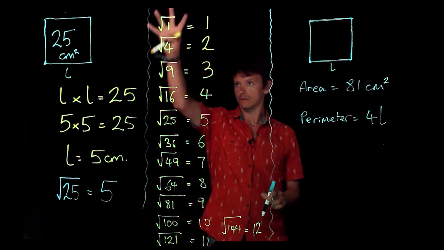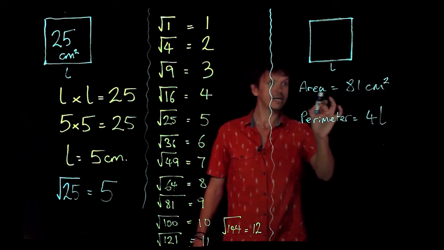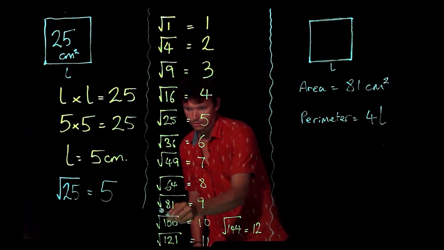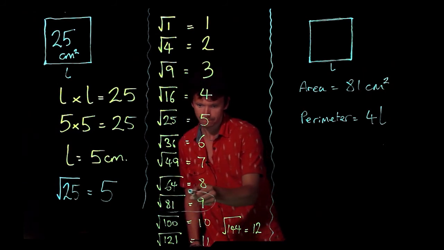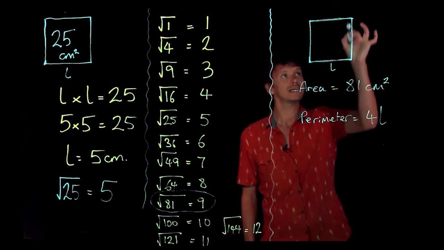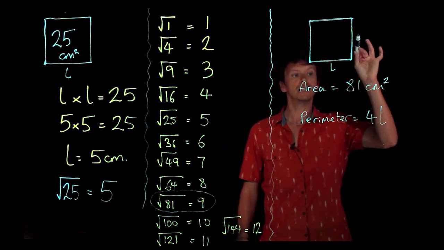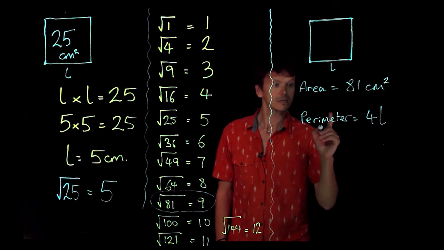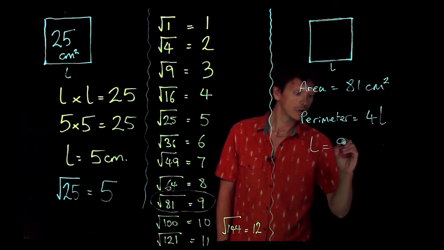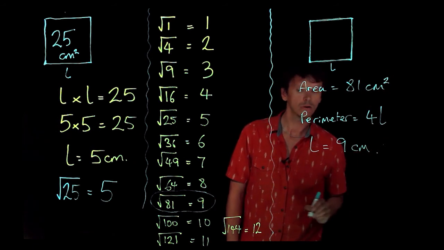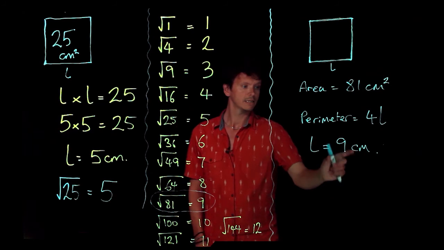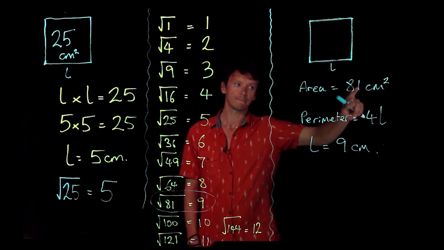Using our square root facts over here, we know that if we have an area of 81, the side length here must have been 9 centimetres. So we've found L equals 9 centimetres. Why? Because L times L, L squared, equals 9 times 9, which is 81.